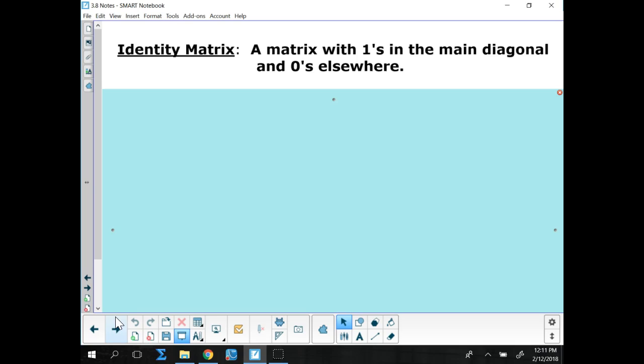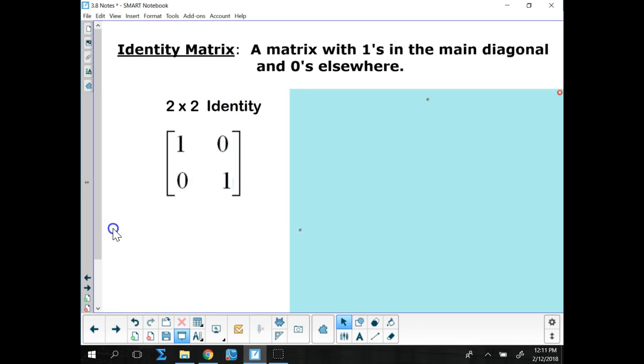The identity matrix is a matrix with 1s in the main diagonal and 0s everywhere else. So a 2 by 2 identity matrix looks like that.